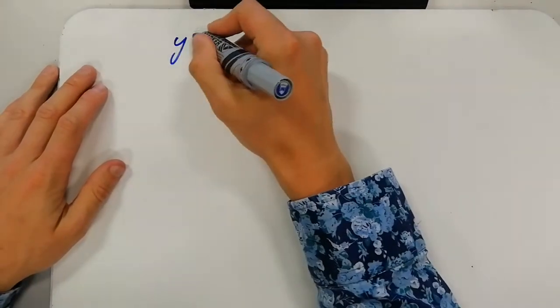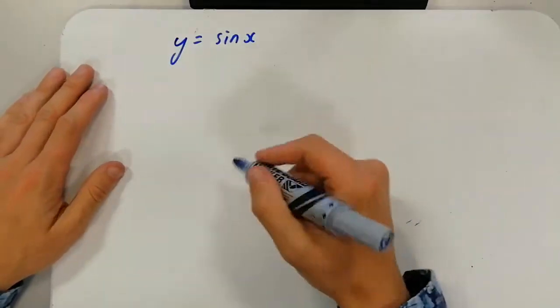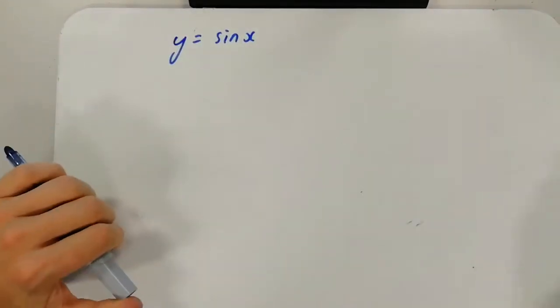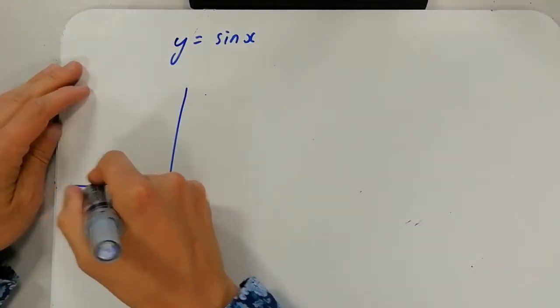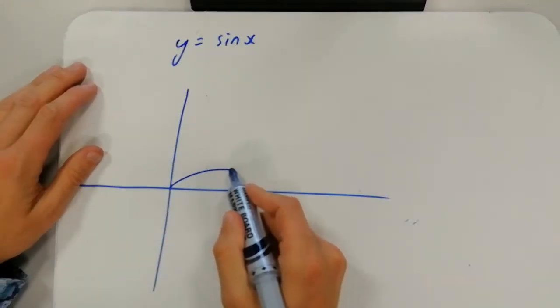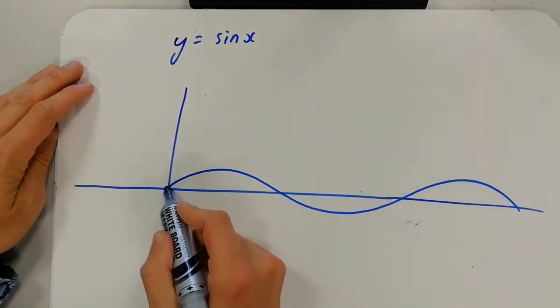Okay, we'll just have a look at one more. Let's consider y equals sine x. We're going to work in radians here, and we'll want to consider what the inverse function is going to look like. First of all, let's just sketch sine x. Something like this.